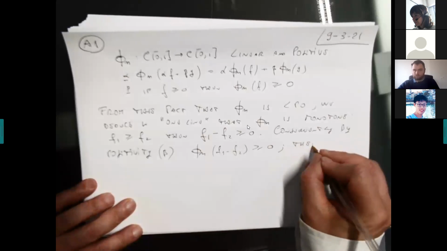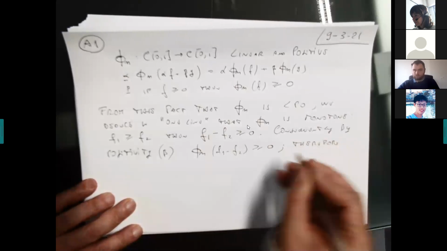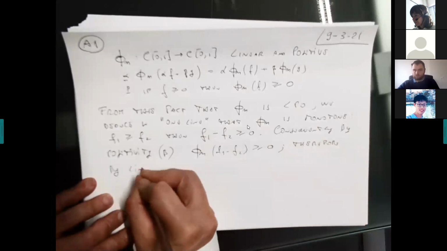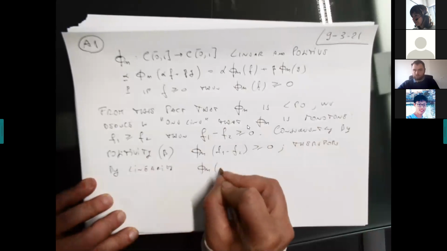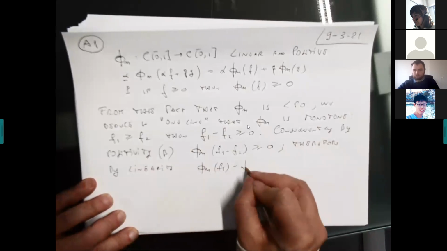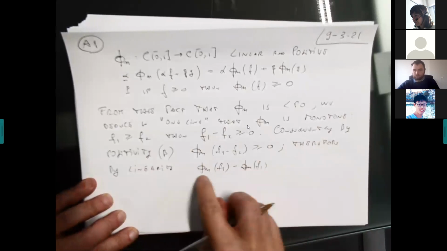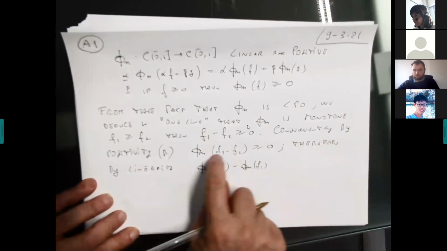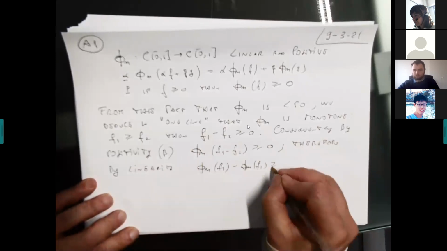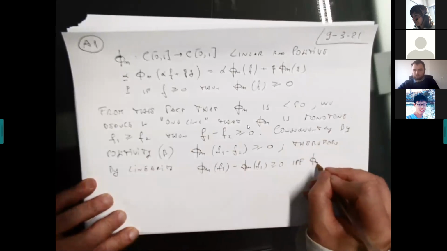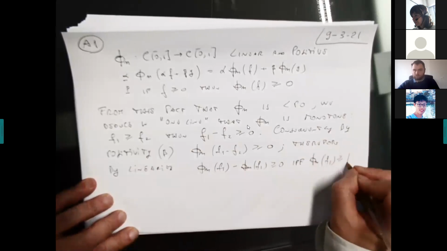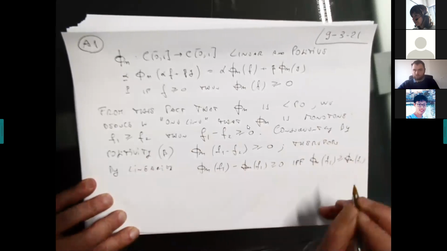Therefore, by linearity, phi n of f1 minus phi n of f2, so I used the linearity of phi n, is larger than 0, which is equivalent to phi n of f1 larger than phi n of f2.